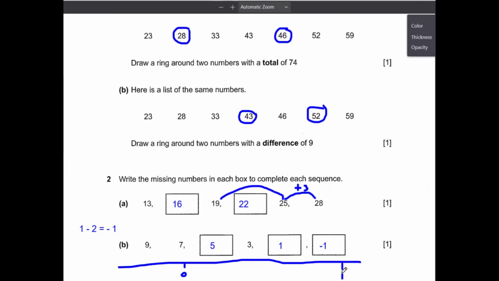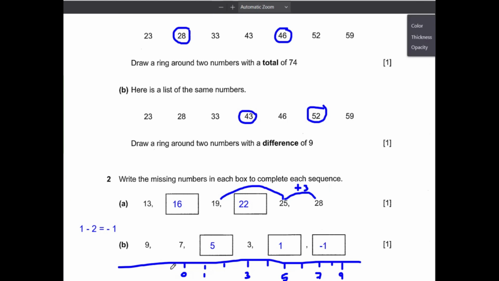This is 9, this is 8, then you have 7, then the 6 and the 5. You skip the 4, and you've got the 3. Then you skip the 2, and you have 1.